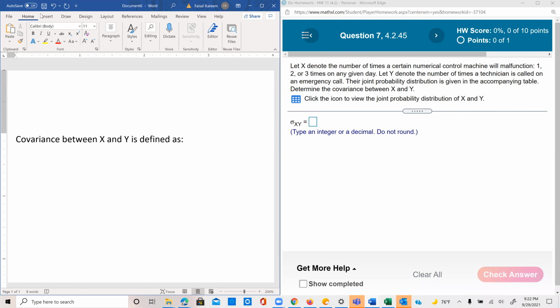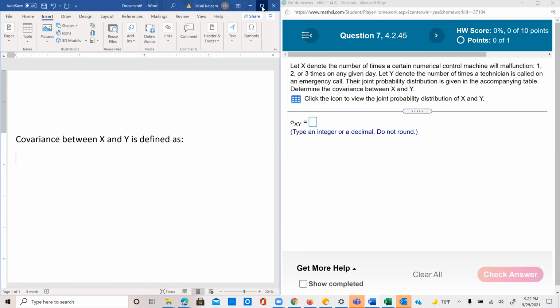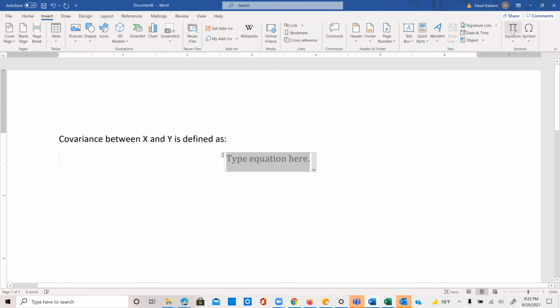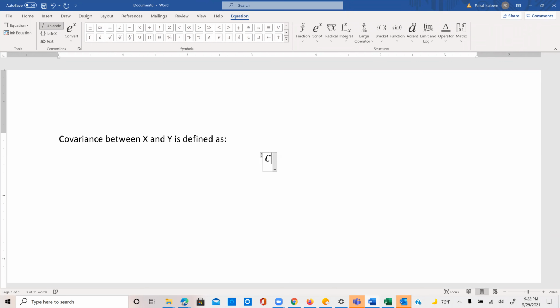So let's do covariance. So it's E of xy, expected value of x times y, minus E of x, E of y.